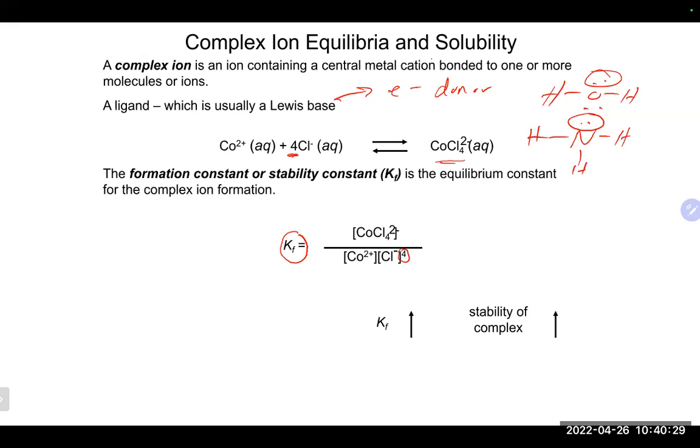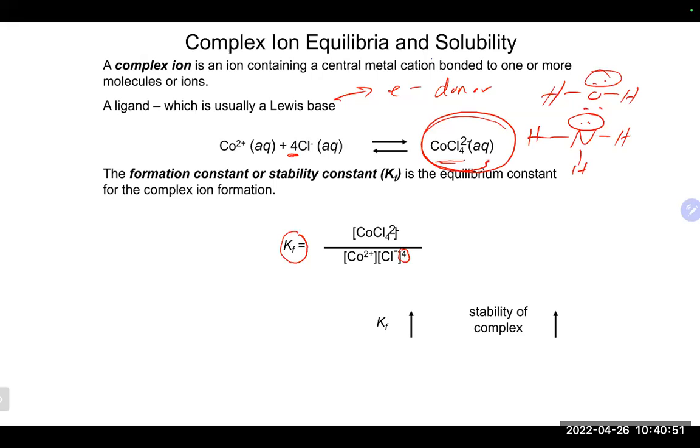As the Kf value increases, the stability of the complex ion also increases. That is because if you have a large K value, you should have more products, and in this case the products are your complex ion. So you would have more complex ions being formed.